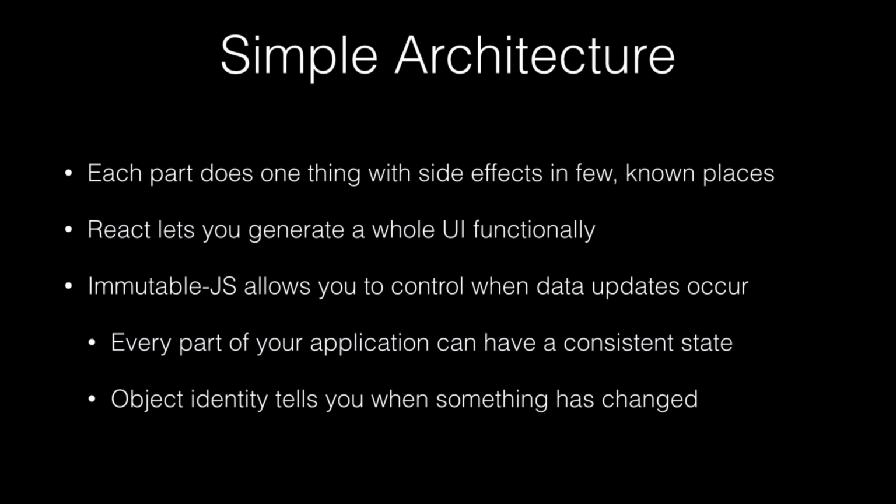Every part of your application can have a consistent state, because you're controlling where the updates occur, so nothing in a far-flung piece of the system is going to change the data. And object identity can tell you when something has changed, which is a nice side effect. So in the case of React, if you're using immutable data, your React updates can be super fast.